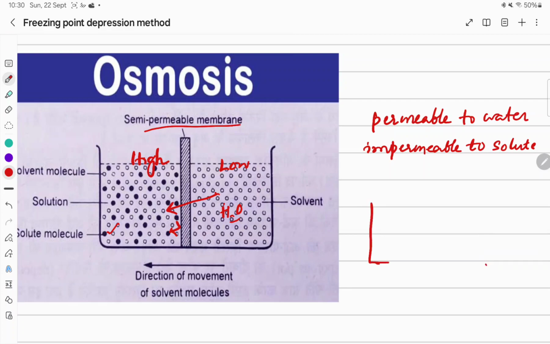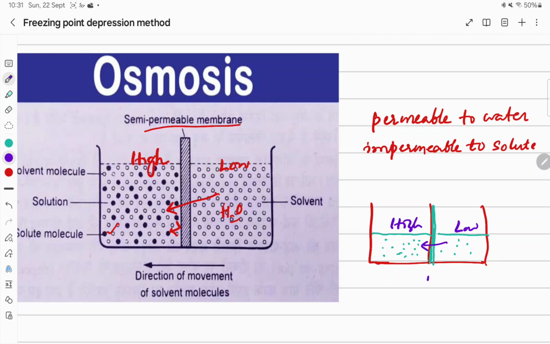Suppose now we have two solutions, they are separated by, say, the semi-permeable membrane, and suppose this side we have high concentration and this side you have, say, low concentration. So to make both sides same, the solvent will move from the low concentration to high concentration.